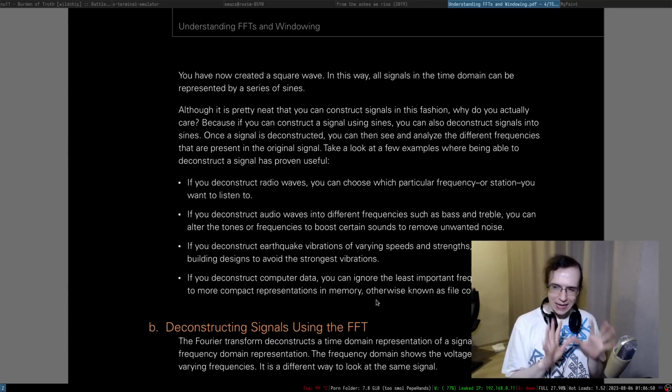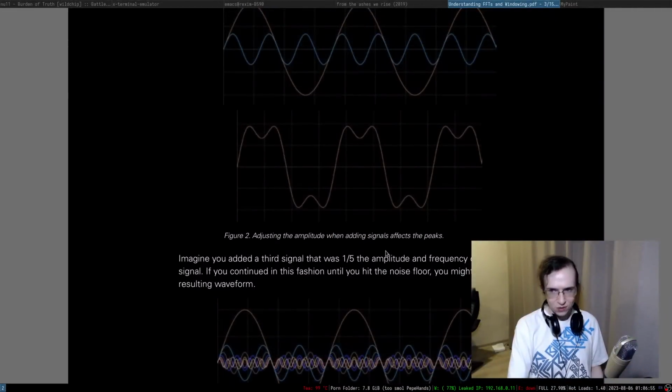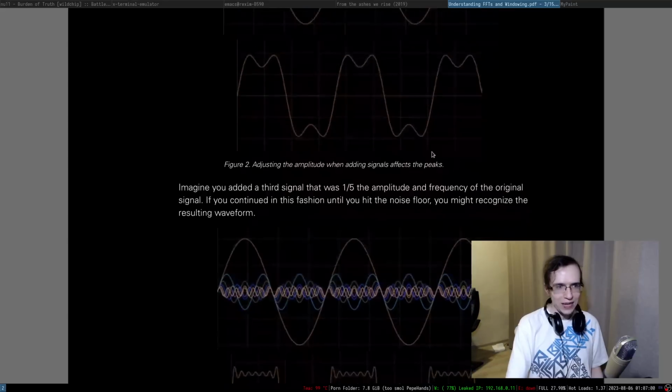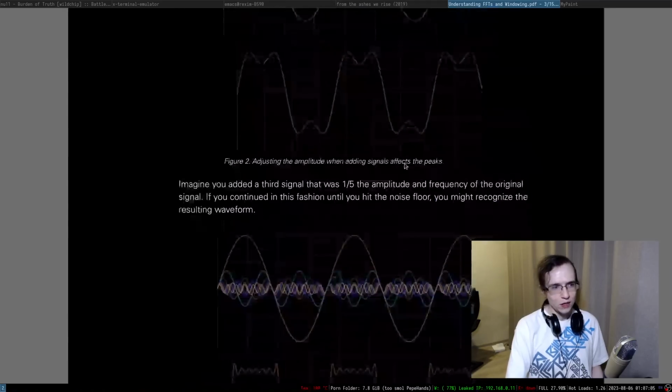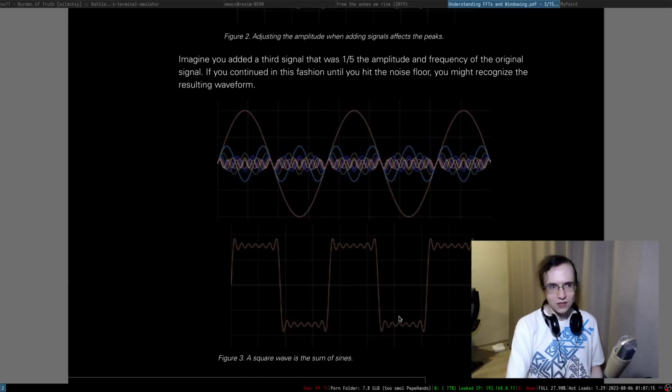This is basically a signature of a square wave. So how can you construct a square wave out of sine waves? You have to have a lot of frequencies that will add up eventually to this. These are all the frequencies you need to construct just this.